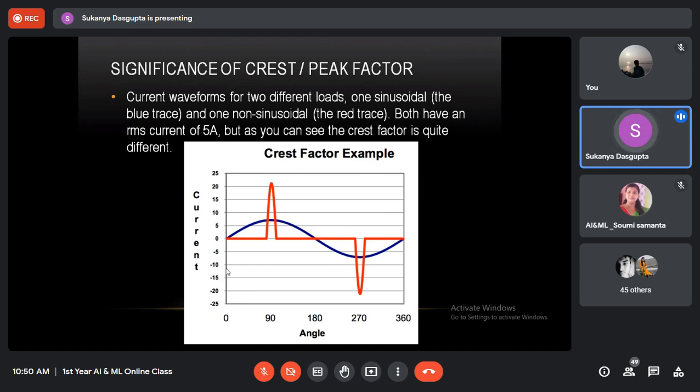That means current waveforms are different for these two signals because two different loads are connected with the circuit, so we'll get two different current signals. Now both have an RMS current of 5 ampere.